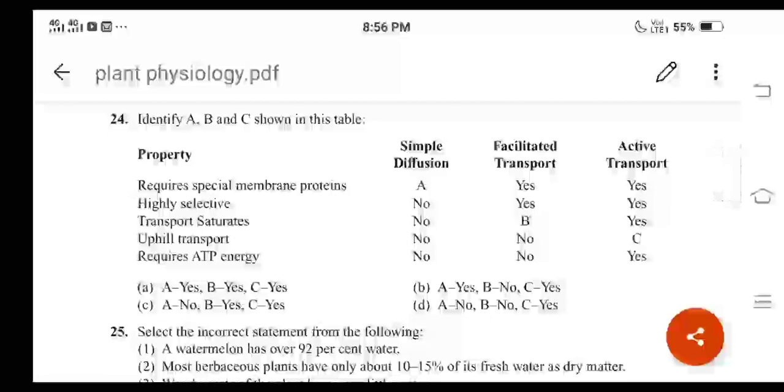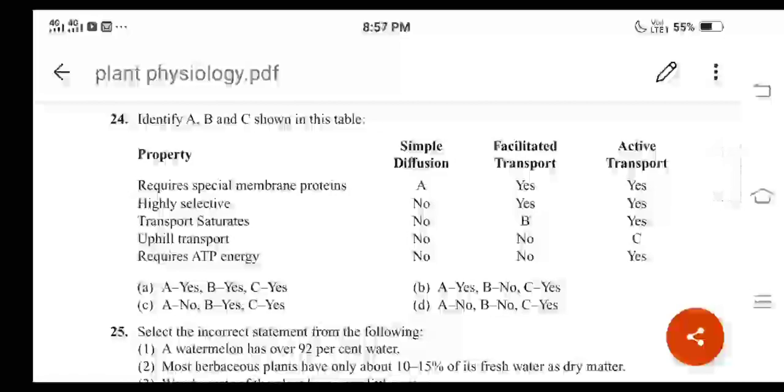And here for question number 24. Okay, what will become the answer here? Option C. Okay, for 24 it is option C. It means what here? For A alphabet we can mention no. It requires simple diffusion. Requires special membrane proteins.